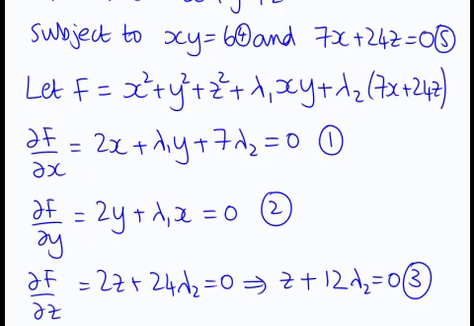So in total I have 5 equations here and 5 unknowns, x, y, z, lambda 1 and lambda 2. And what I need to do is solve these 5 equations. I'm not actually interested in the values of lambda 1 and lambda 2, so I can ignore those and eliminate them. It's the values of x, y and z that I want.